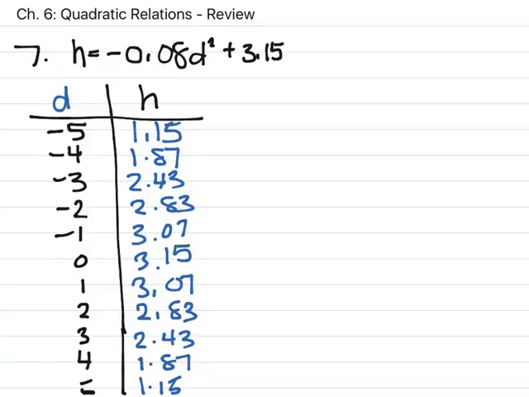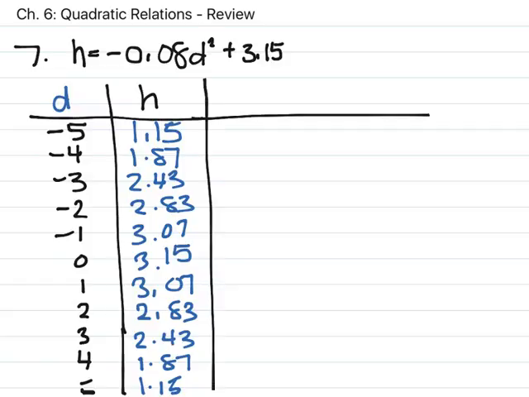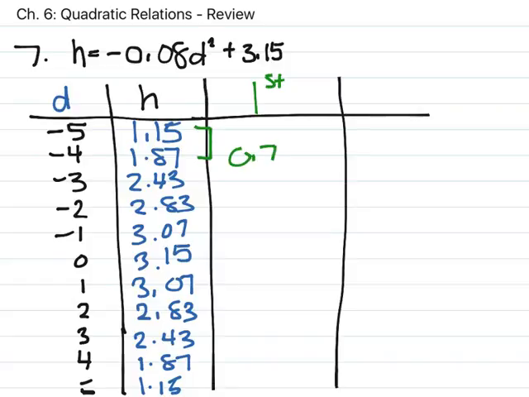For B, find the first and second differences. So now we're going to extend this. Okay, so first differences. So you subtract your h values, which will give you 0.72, and I'll alternate so you can see.